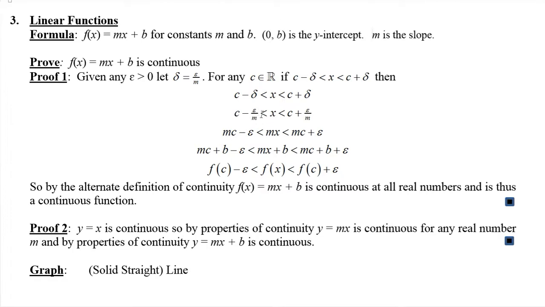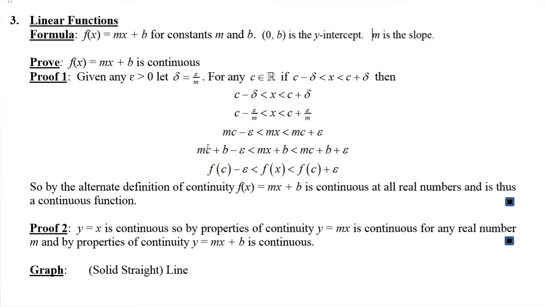When we multiply by m on the left, we distribute and we get mc minus epsilon. And we distribute on the right, we get mc plus epsilon. Now we add the b to all three parts to get mx plus b in the middle. And that gets mc plus b here and mc plus b here, plus epsilon on the right, minus epsilon on the left. mc plus b then is f of c, both here and here, and we see that we've sandwiched f of x in between f of c minus epsilon and f of c plus epsilon.